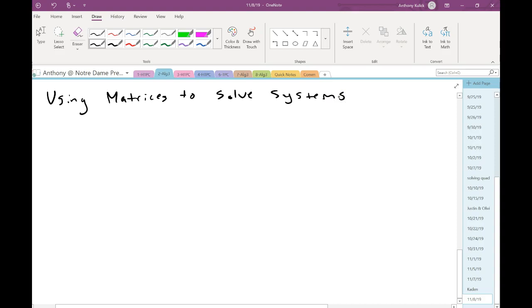So I had promised when we started talking about matrices here that this would eventually circle back and we would use these matrices to solve a system. So what we're going to do today is show you how we can use a matrix to solve a system of equations.